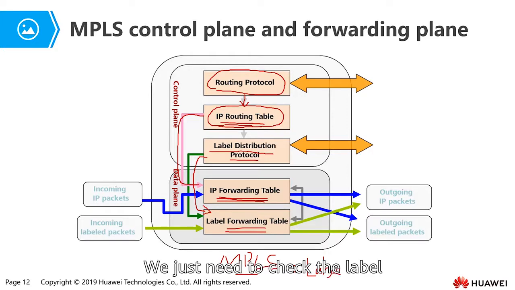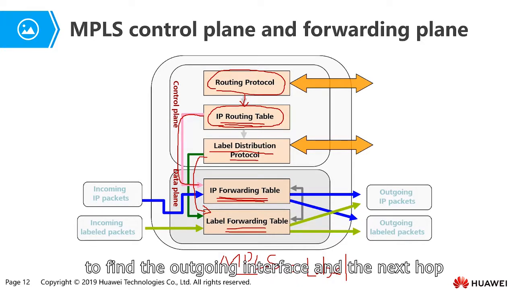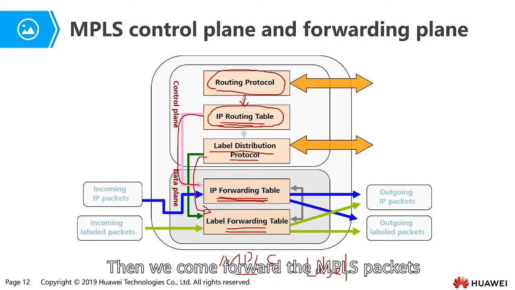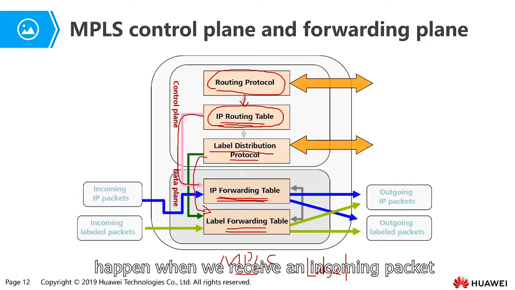So we just check the label and search the label forwarding table to find the outgoing label, the outgoing interface and the next hop. Then we can forward the MPLS packet to the next hop. Okay, and continue. Let's look at what will happen when we receive an incoming packet.